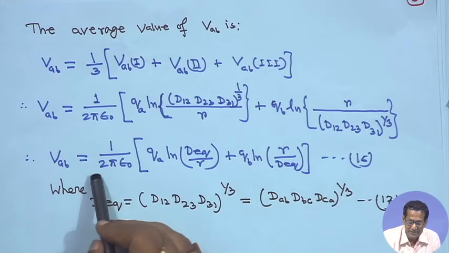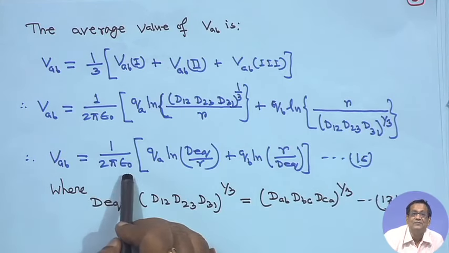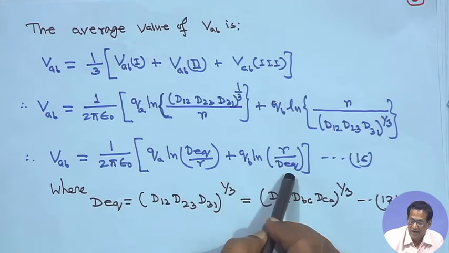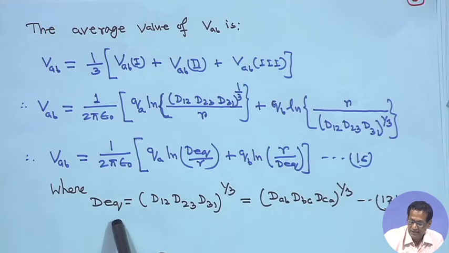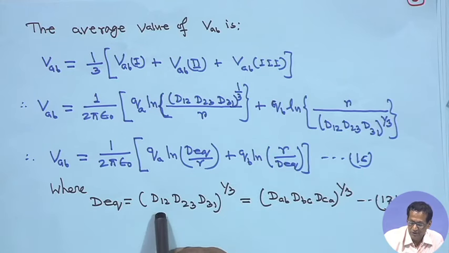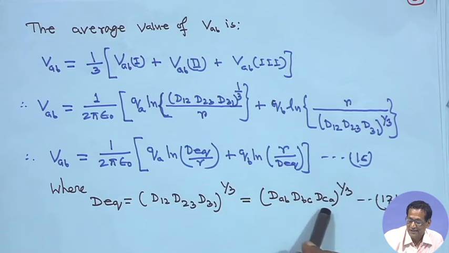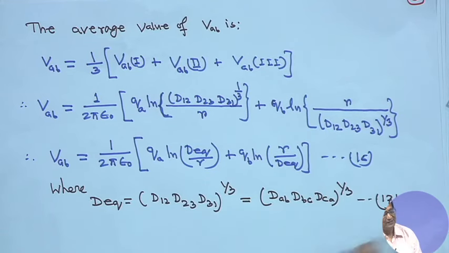Therefore, V ab is equal to 1 upon 2 pi epsilon 0, q a ln d eq upon r plus q b ln r upon d eq, where d eq is equal to (d12 d23 d31) to the power 1/3, that is cube root, is equal to, I am writing here, capital (Dab Dbc Dca) to the power 1/3. This is equation 17, right.